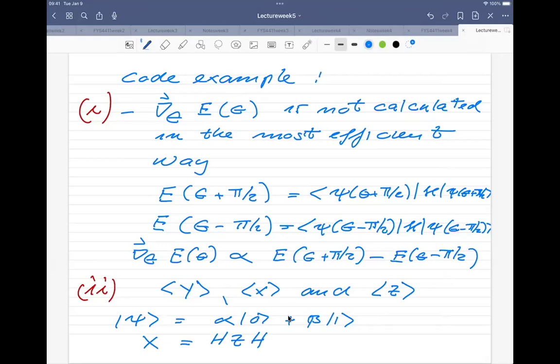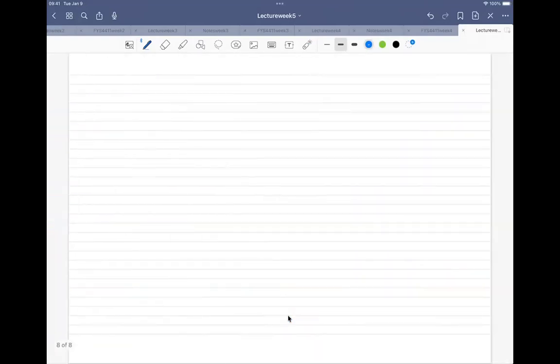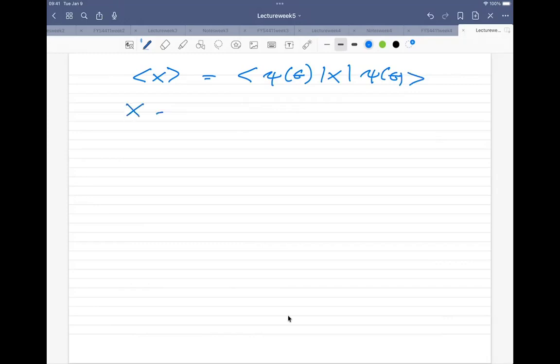So let's look at what this specific expectation value is going to look like when we perform a measurement in a quantum computer. If you look at this expectation value here, this is psi of theta multiplied with X and psi of theta. Now we can replace that by setting up this X in terms of a Hadamard matrix times a Pauli Z times a new Hadamard matrix.